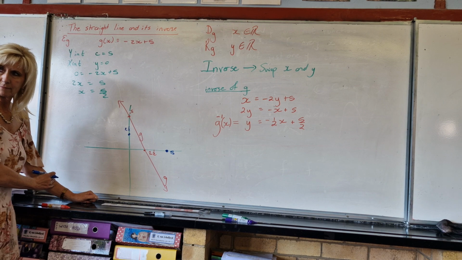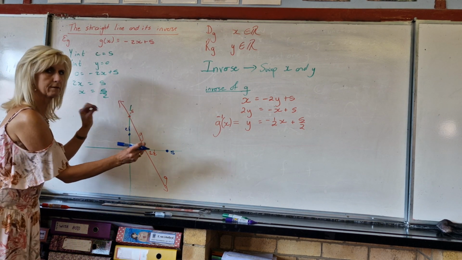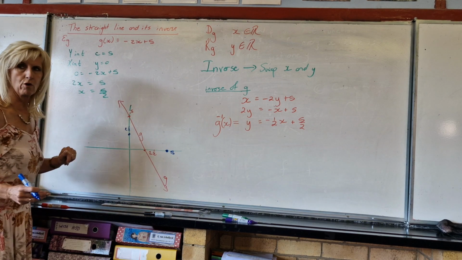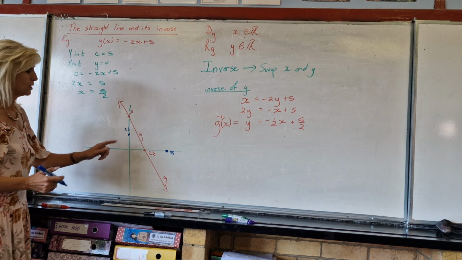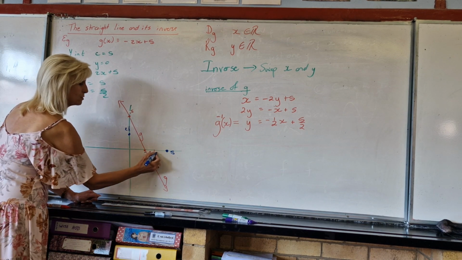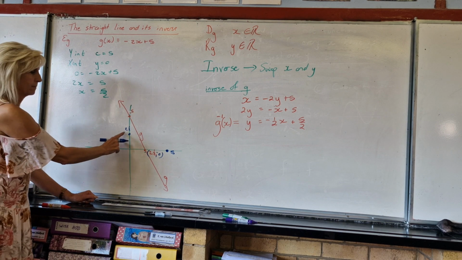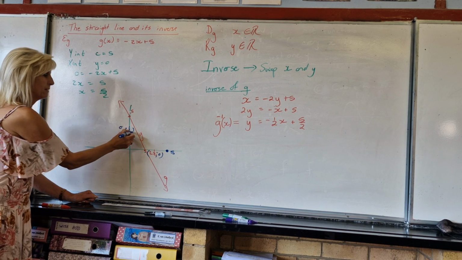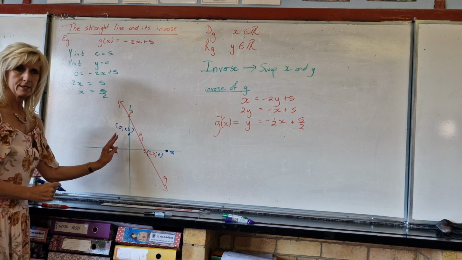Yes. So everything swaps. If I give you 6 different points on whatever graph, all you need to do is take those points and swap them around. So this one was actually (2.5, 0). What has it become? (0, 2.5). Do you see it? What happened? X and y swapped.